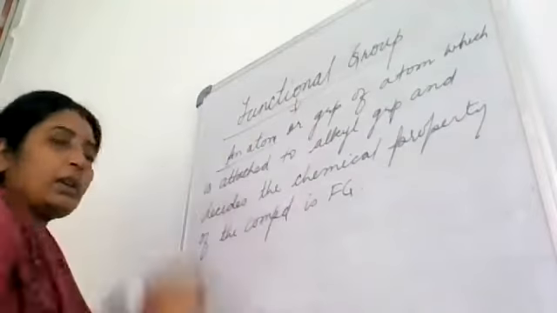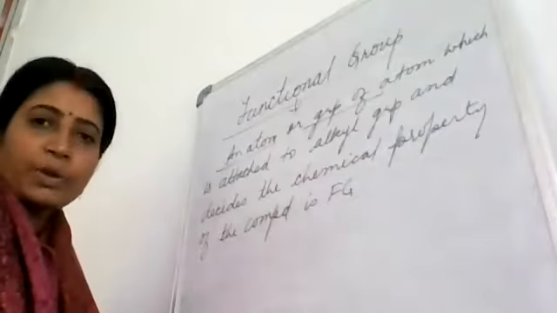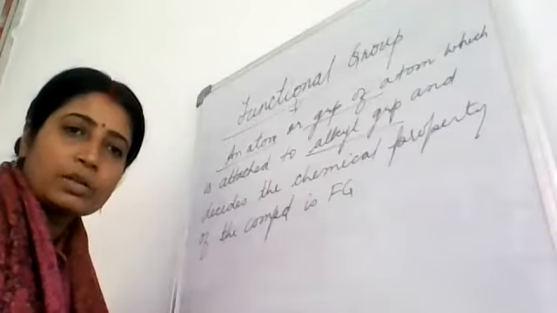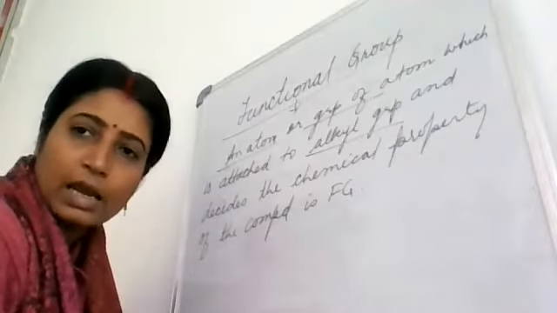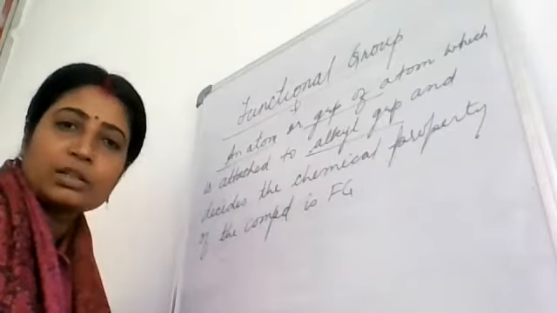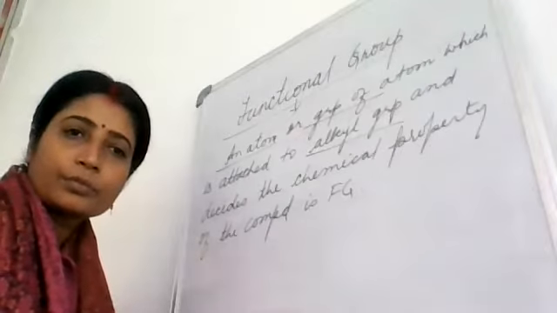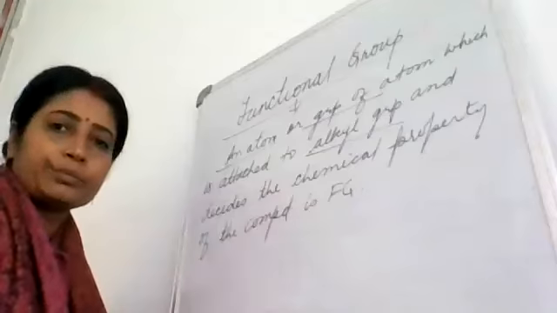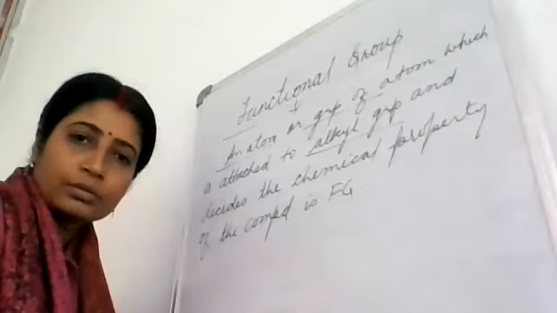So what is functional group? Either it is an atom or a group of atoms. And where is it present? It is present on the alkyl group. Why with alkyl group? Because in alkyl group the tetravalency is not satisfied. So how will the tetravalency be satisfied? By adding a functional group, by adding any atom or group of atoms to it.